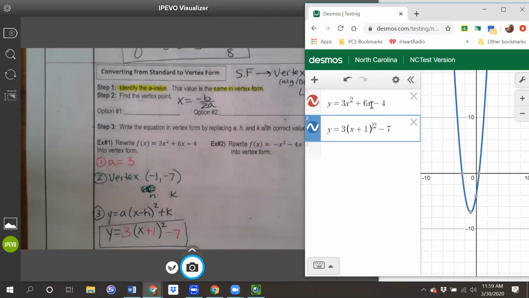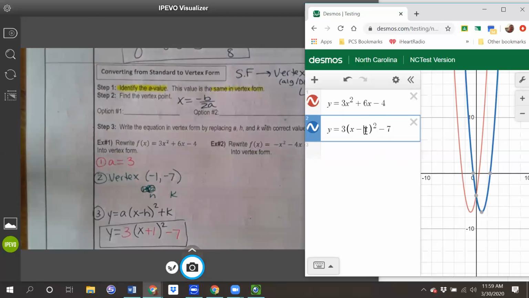Those two things should be the exact same thing. If you forgot to do the opposite of h, you will see that that does not give you the same equation. So please make sure that you're checking your answers. It took me literally 15 seconds to type that in to make sure that we had the exact same thing.